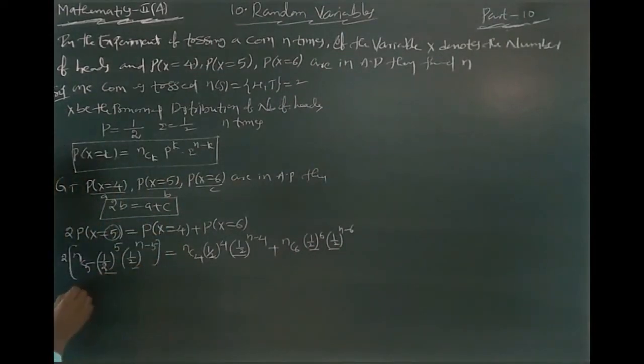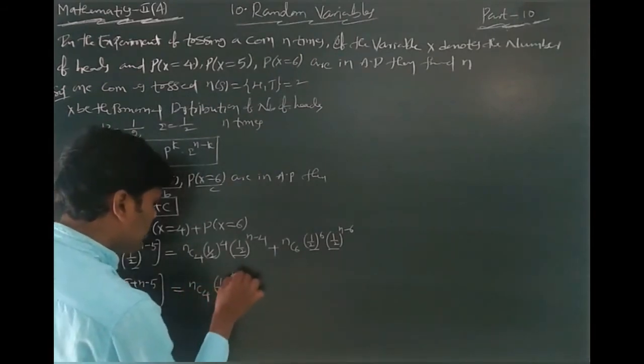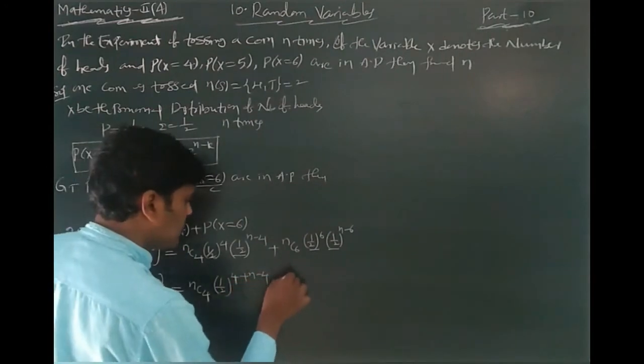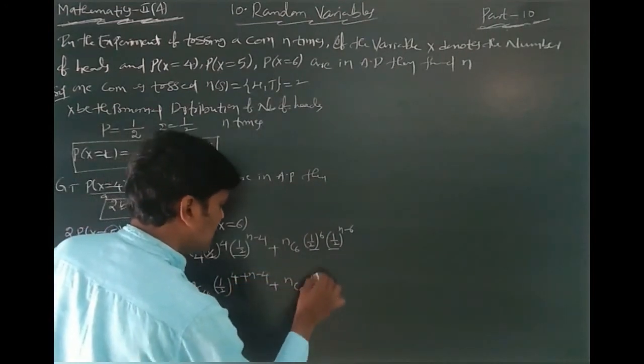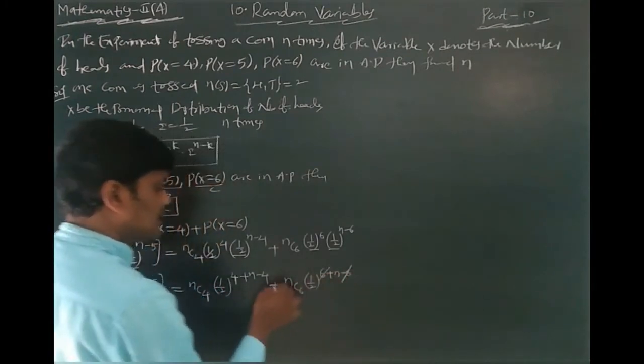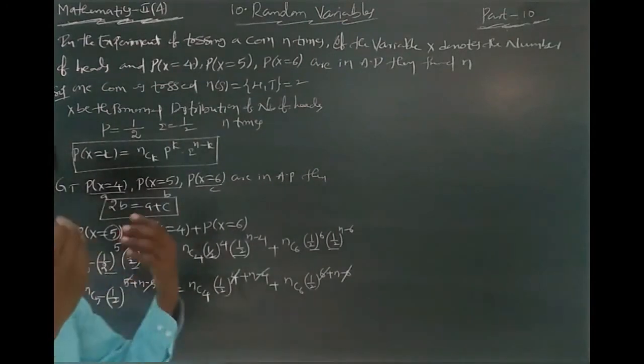You get 2 into nC5, 1 by 2 whole power 5 plus n minus 5, completed. nC4, 1 by 2 whole power 4 plus n minus 4, plus nC6, 1 by 2 whole power 6 plus n minus 6. Minus 6 plus 6, minus 4 plus 4, similarly minus 5 plus 5, both are cancelled.